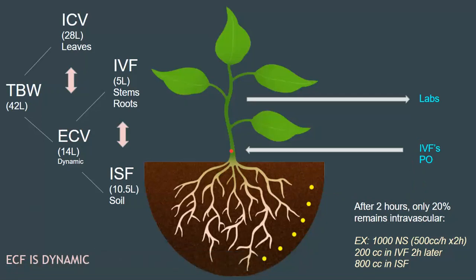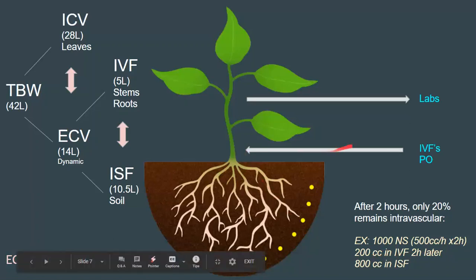In other words, if somebody comes in and they look like they need fluid and you decide you're going to give them 1,000 cc's of normal saline, maybe you decide to run 500 cc's an hour for 2 hours in a row, and after those 2 hours you've expected to put in 1,000 cc's, but you only have 20% intravascular.